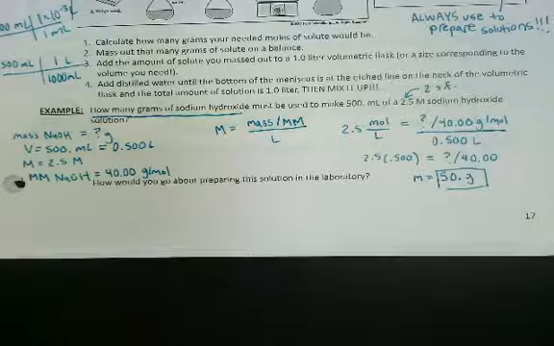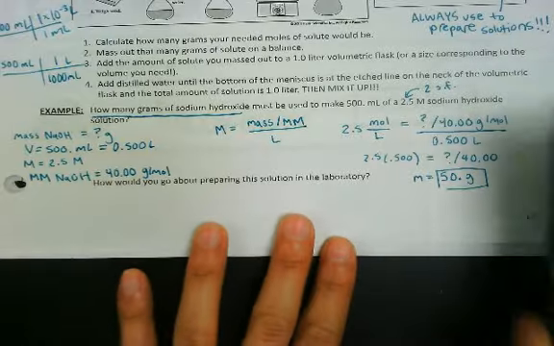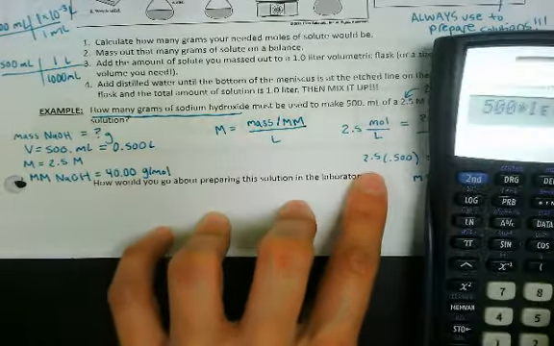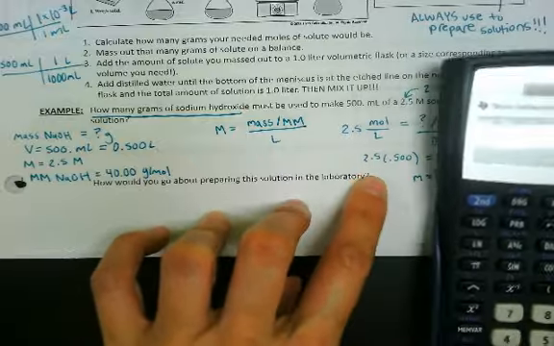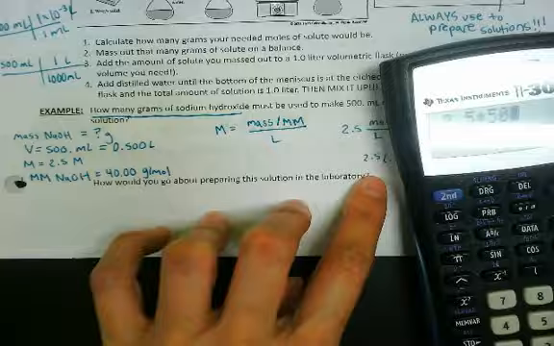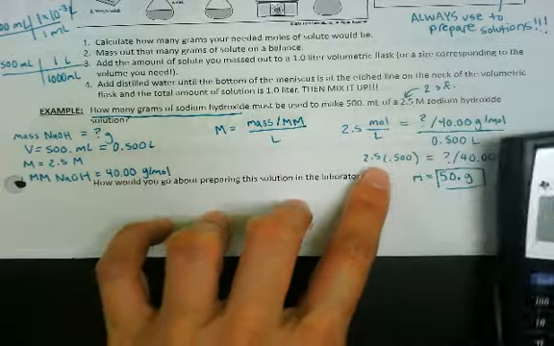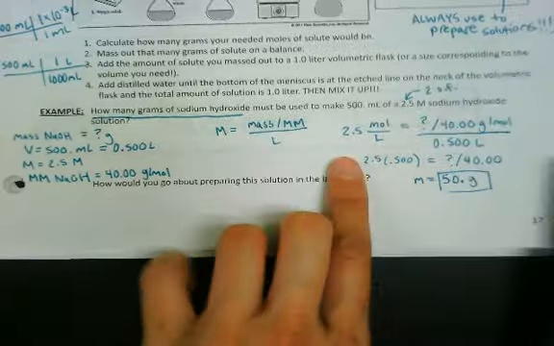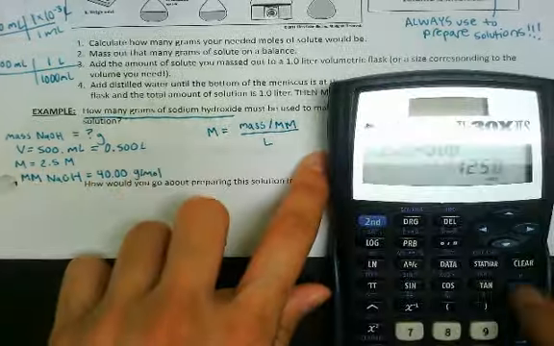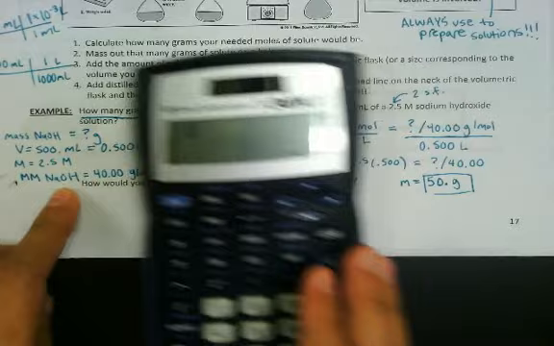Yes, sir. How did I get 50? So I did my 2.5 times my 0.500.